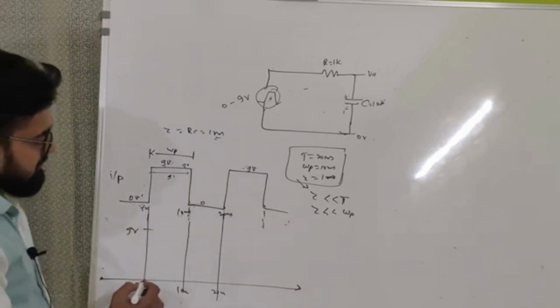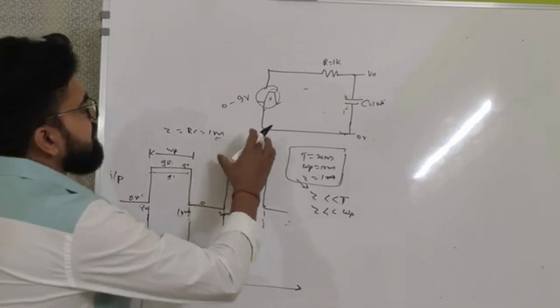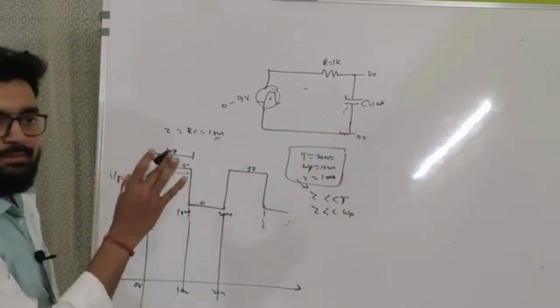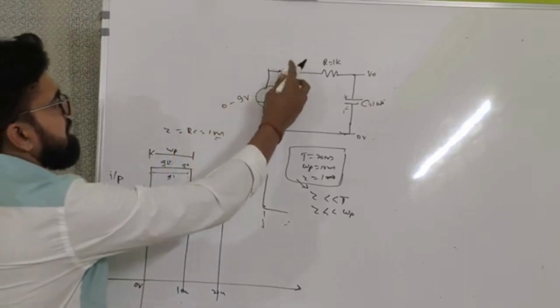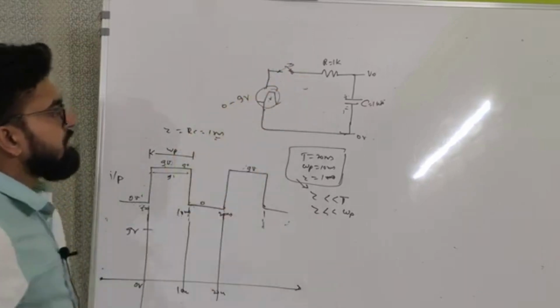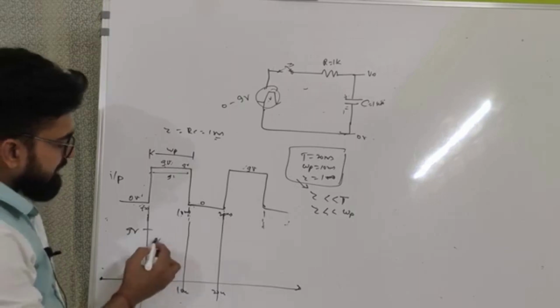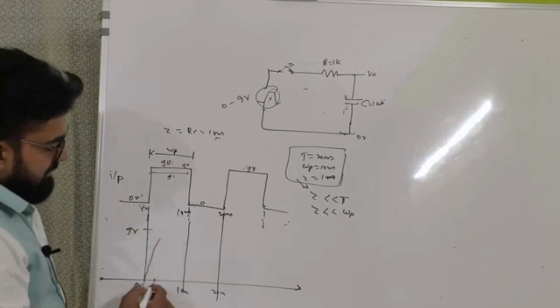Thereby, the output waveform will start at t equals 0 because at t equals 0 the capacitor will behave as a short circuit, right? So the voltage across the capacitor right after closing the switch, if we consider a switch here, is 0 volt. So it will start from 0 and reach 63.2% of the 9 volt in 1 millisecond.